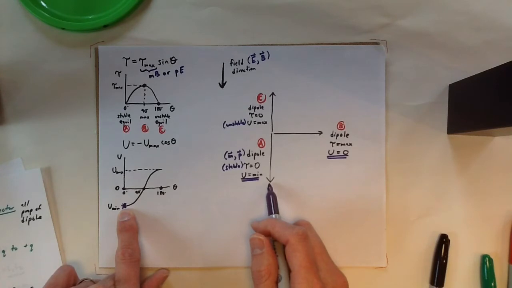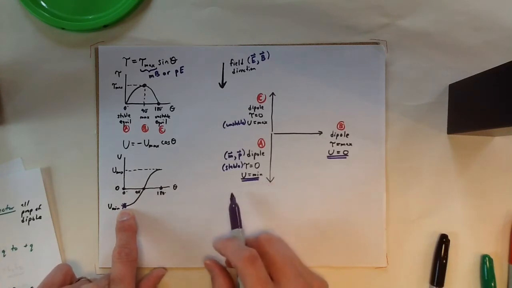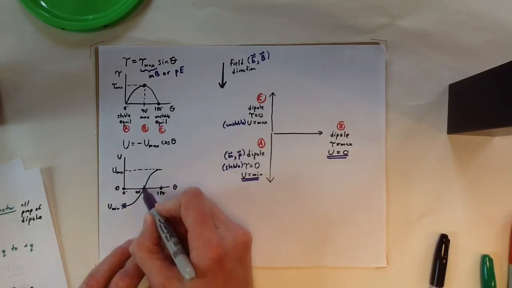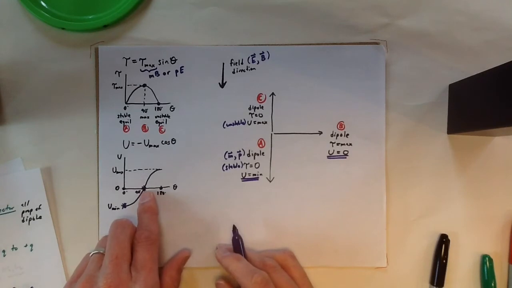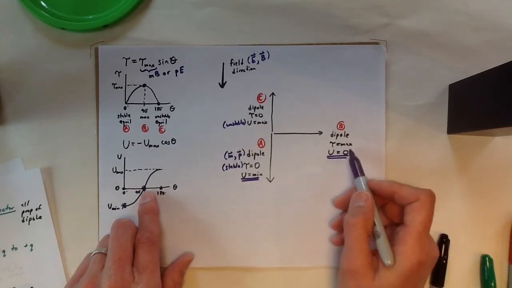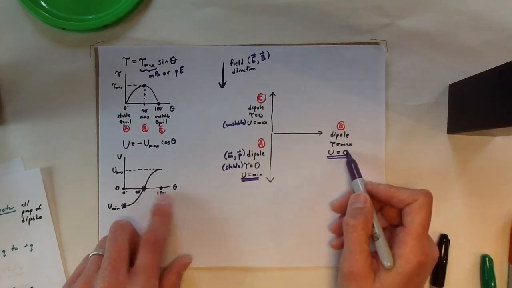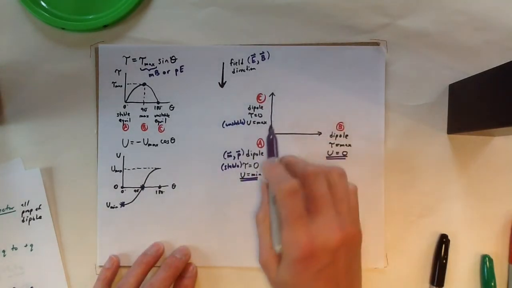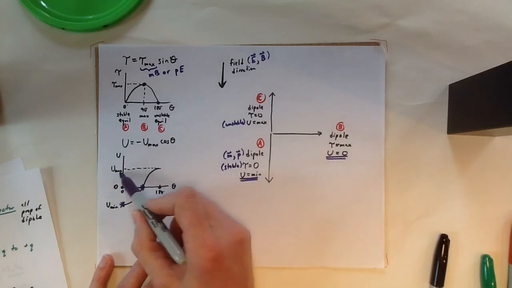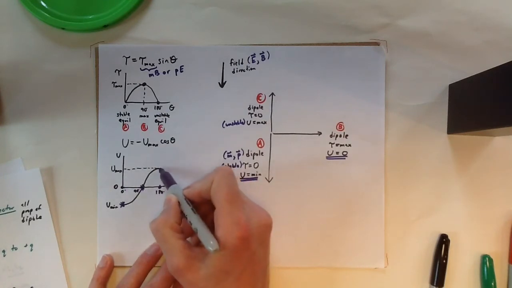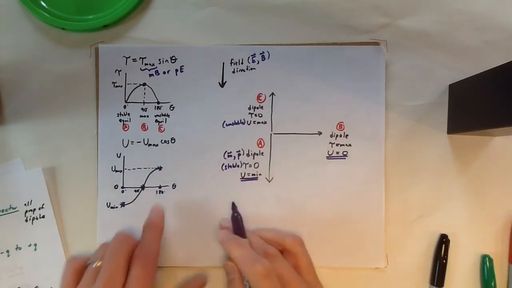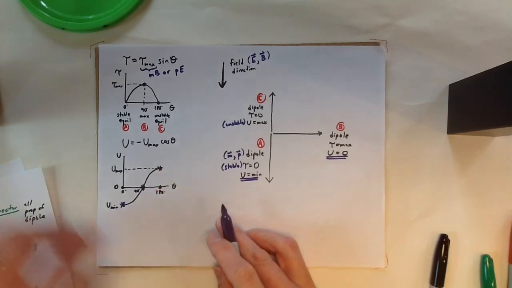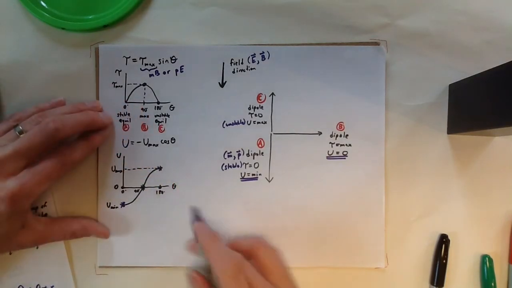And that's why it's stable. We get this weird 0 here, where it's not the highest or the lowest. That's orientation B. And then, of course, the reason why this anti-alignment, where the dipole points opposite to the field, is unstable is because that's the very maximum potential energy you can have.